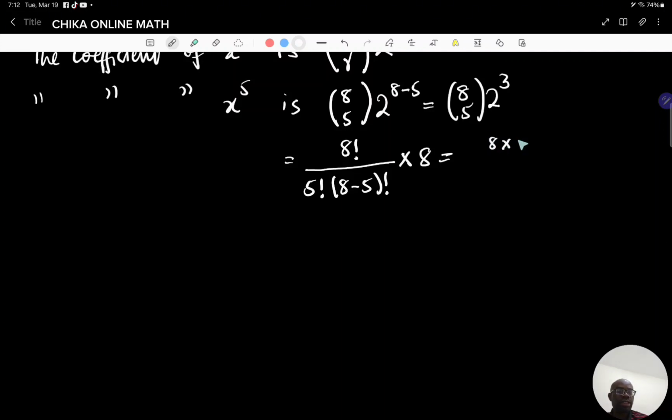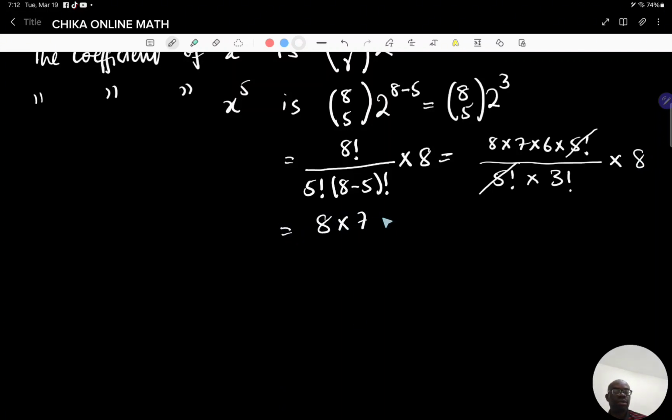8 times 7 times 6 times 5 factorial all over 5 factorial times 3 factorial, okay? So 5 factorial will cancel 5 factorial, okay? Let's not forget the times 8 here, okay? Which is equal to what? 8 times 7 times 6 times 8.